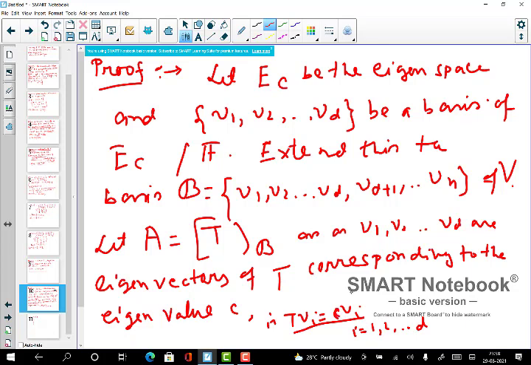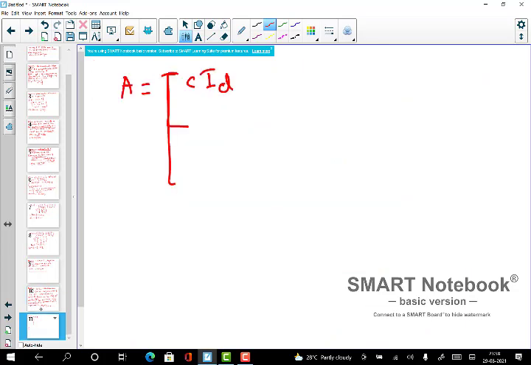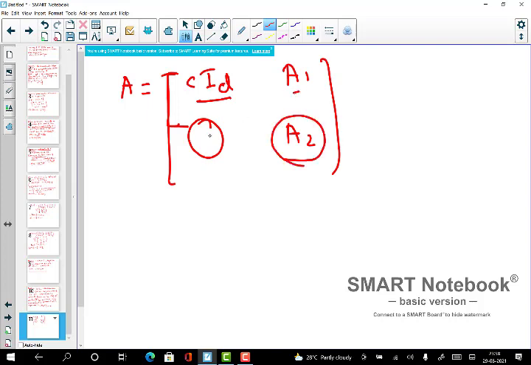So there will be a d cross d block, which is a constant c times the identity matrix, and then below it there will be 0, because the rest will be 0. There will be two other blocks, maybe some A1, A2, it doesn't matter. This is the d cross d block, this is the n minus d cross d block, and the others can be anything, but this is 0. Now as this is 0, you can easily find the determinant.